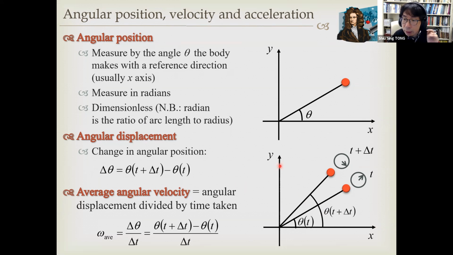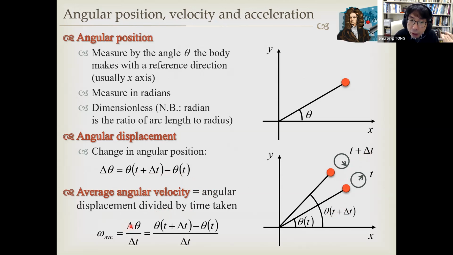Now we are interested in the change in the direction, the change in angular position. So at time t, the angle is theta of t, but at time t plus delta t, the angle is theta of t plus delta t. So the two angles are different. The change in angular position will be the final angle minus the initial angle, and I denote it by delta theta. The average angular velocity is the change in angular displacement divided by the time taken.